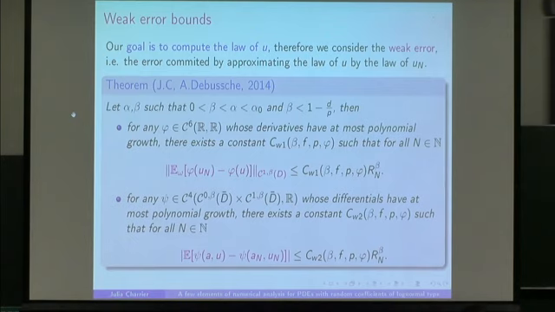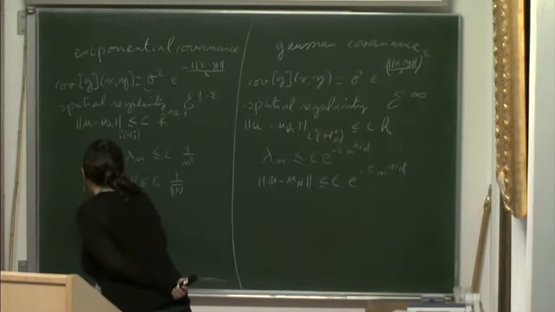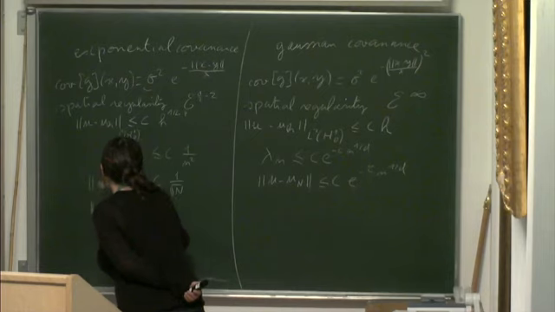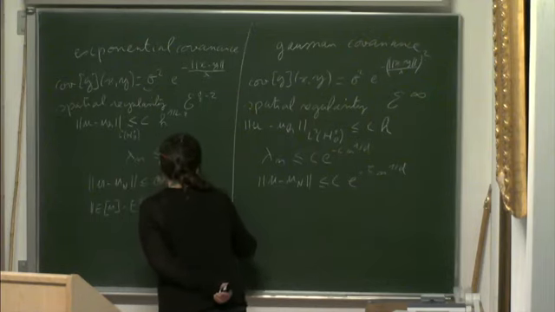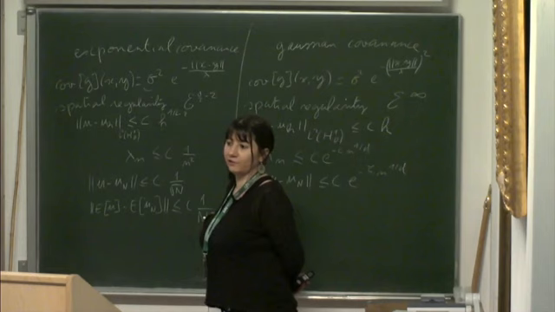Now if you look at weak errors, if you compare the law, for example, if you compute the expected value of u and the expected value of un, what's important is that we get rid of the square root here, which means that if the strong error is like 1 over the square root of n, if you compare simply the expected value, you have 1 over n, which is much better.